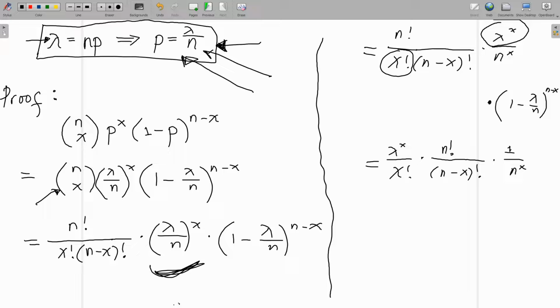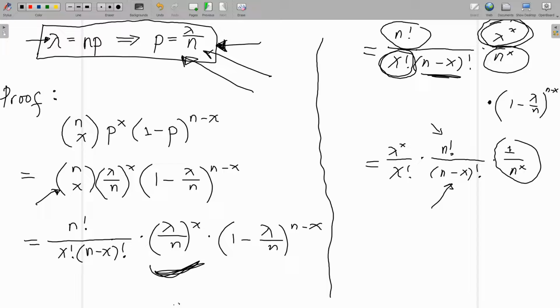So I group lambda raised to x and x factorial together, and I grouped n factorial and n minus x factorial together, times, I separated this from them, 1 over n raised to x, and then we have the rest.